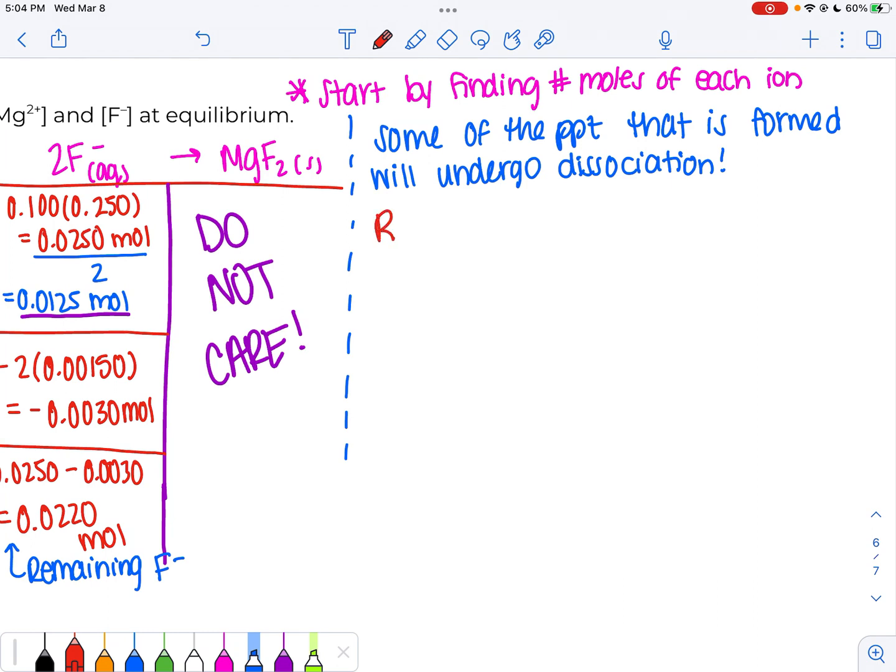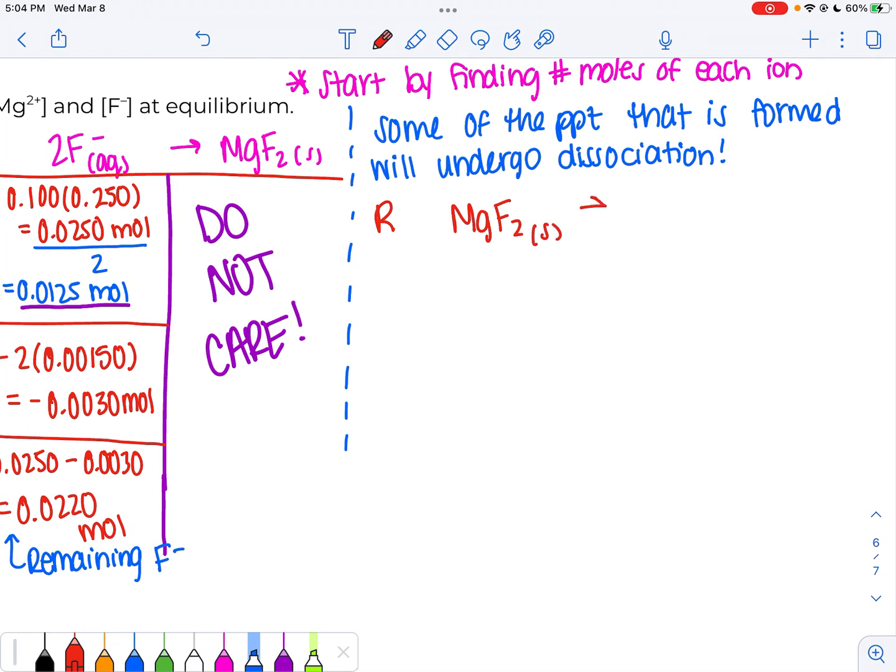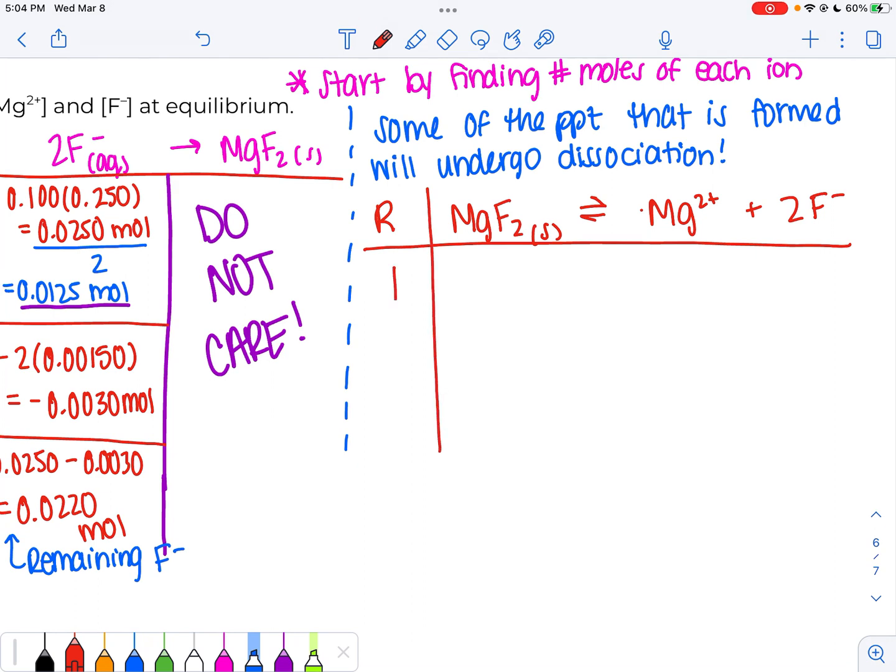So our reaction, we've got our magnesium fluoride that's going to break apart into its magnesium ion and its fluoride ion in solution. We are starting out with some amount of magnesium fluoride that we call S. We know we're starting out with no magnesium ions in solution because all of it went to forming the precipitate in the first place.